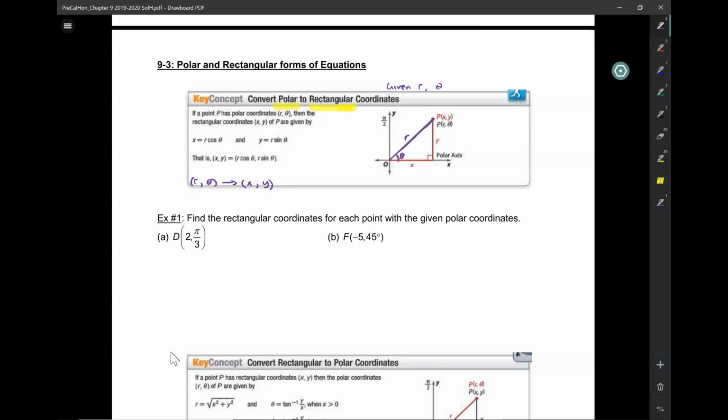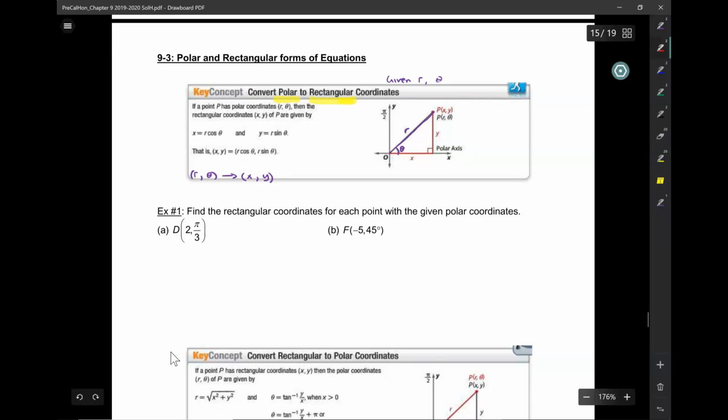All right, well, if I have r and theta, I can write an expression for x, right? This is x, and I know that cosine of theta is equal to x over r. So if I multiply both sides by r, then x is equal to r cosine theta. And we've done that before.